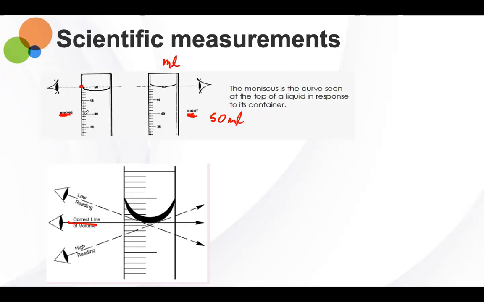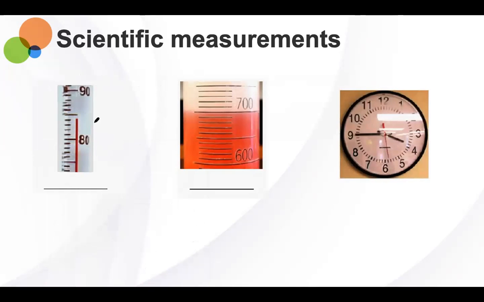All right. So you'll go ahead and read these. Now, what is the reading for this? 89. All right. So this is 80, 90, right? What's in the middle here? 85. 84, sir, because the line is not all the way at 85.